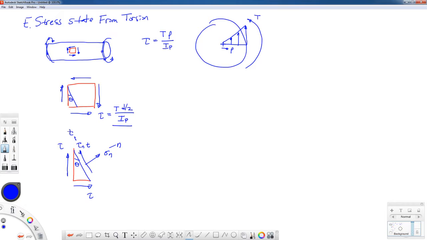To get a better picture of the area on which these stresses are acting, let's imagine taking this wedge and drawing it in 3D, with a small thickness into the bar. So I'm going to draw this like a wedge. Let me use the red color to emphasize the sides.